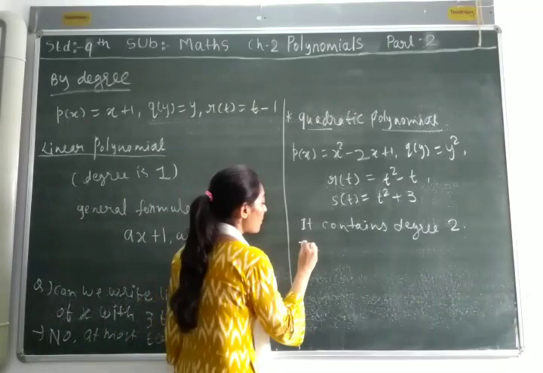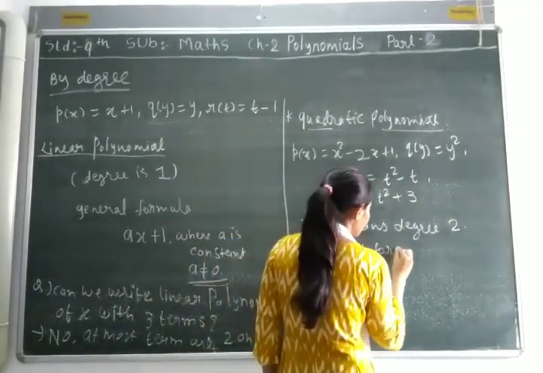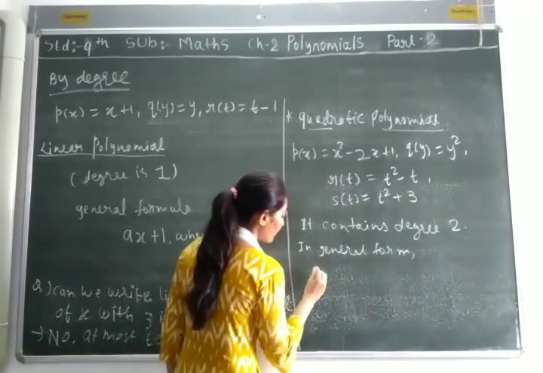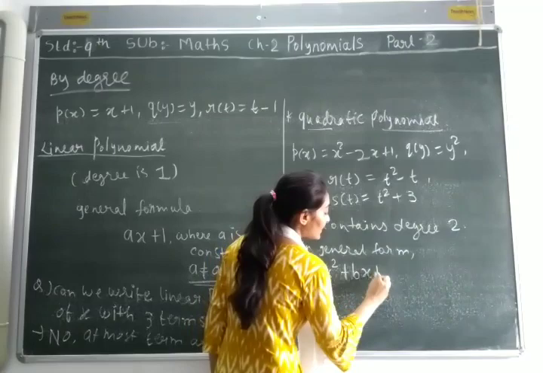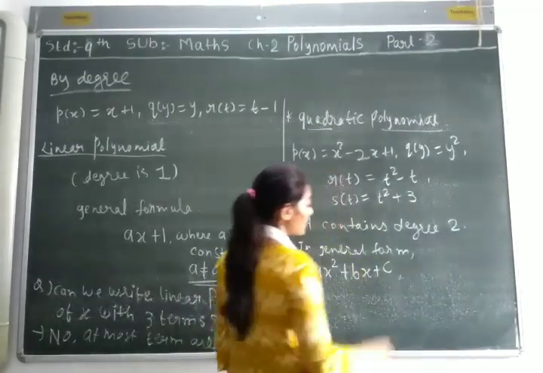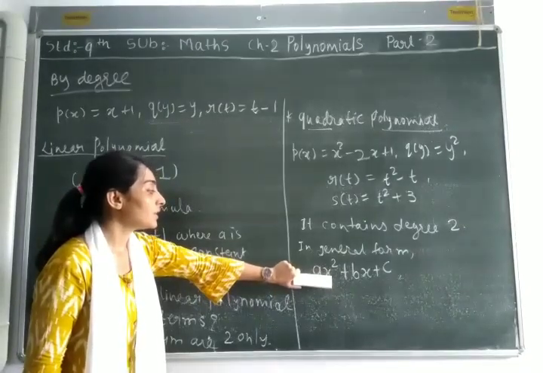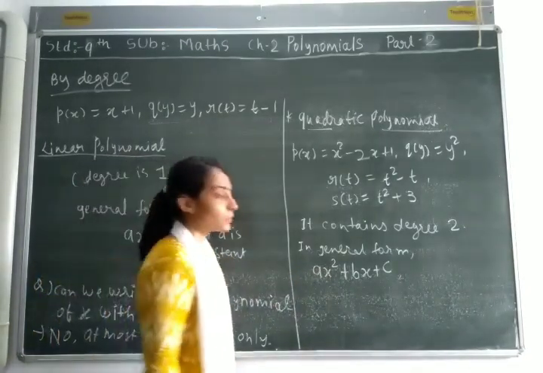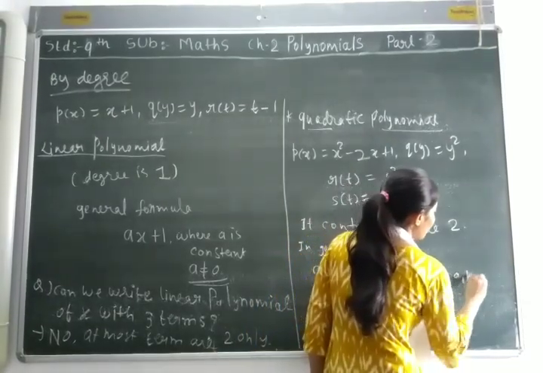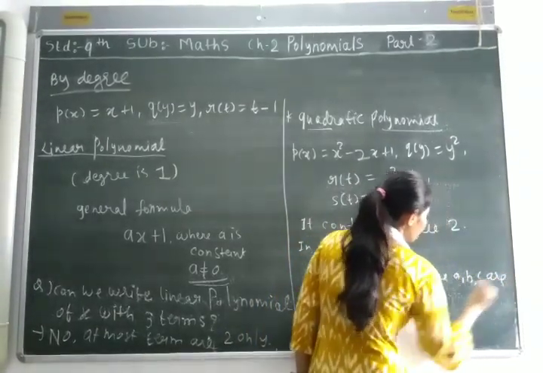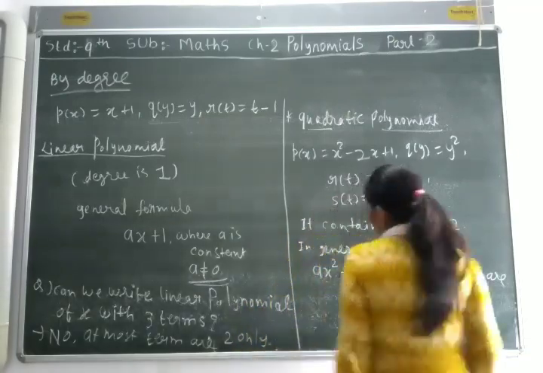So in general form, we can write ax square plus bx plus c. In ax square, the degree of x is 2, where a, b, c are constants. What is more important?